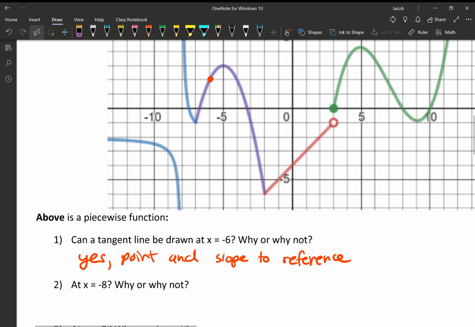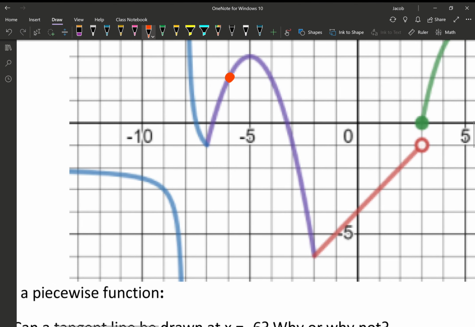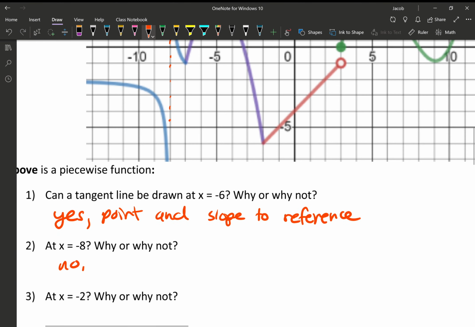For number 2, at x equals -8, we would say no. This is where we have a vertical asymptote. So we have a vertical asymptote, so there's no point to reference. There's really no point or slope.